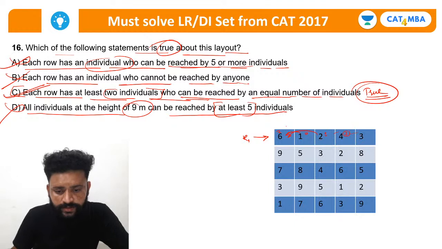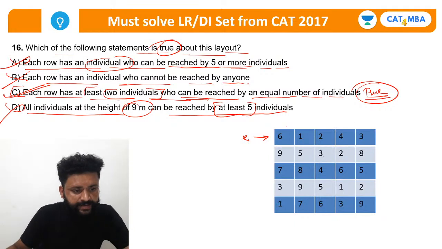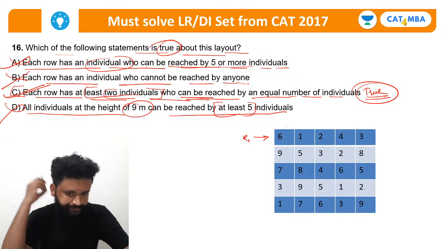Each row has at least 2 individuals who can be reached by equal number of individuals.